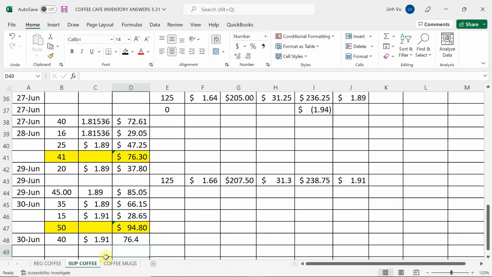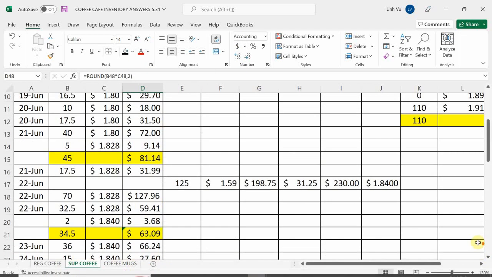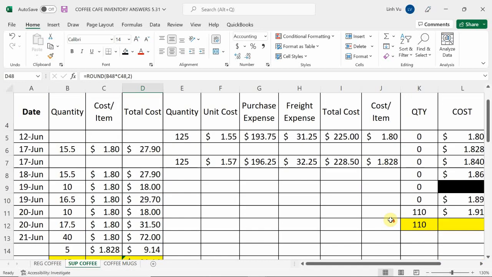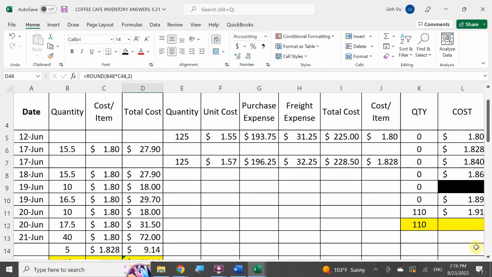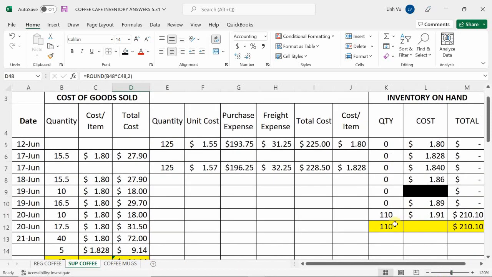$76.40. Yeah, so now we have £70. $133.17. Okay. 133.70.